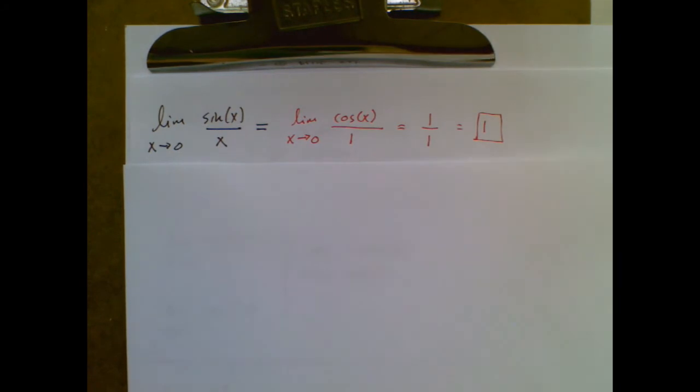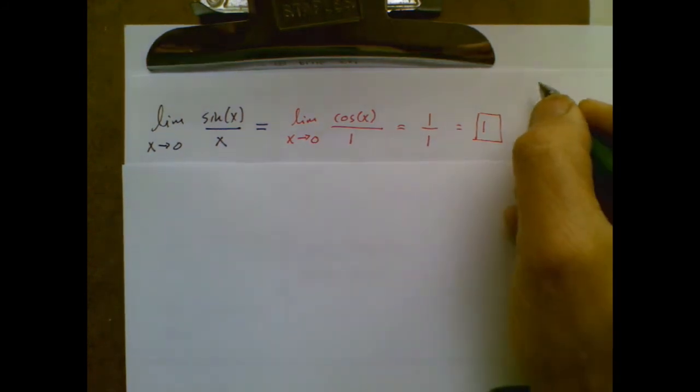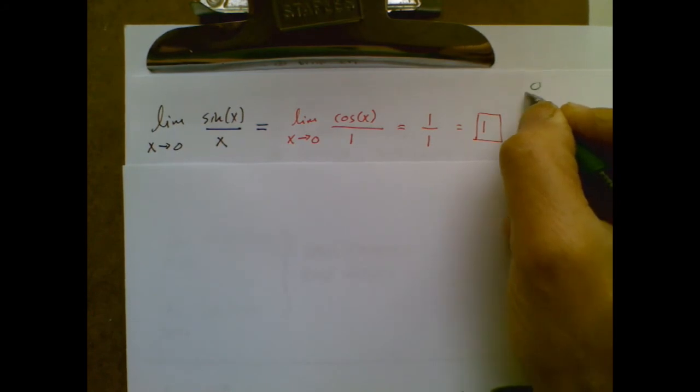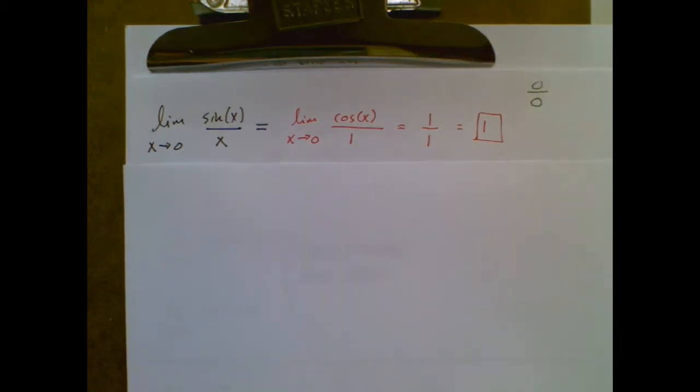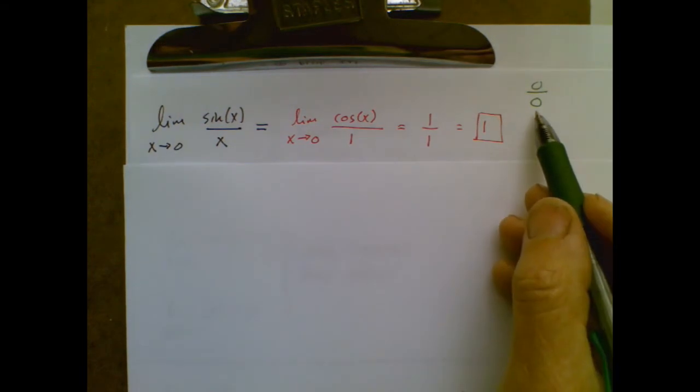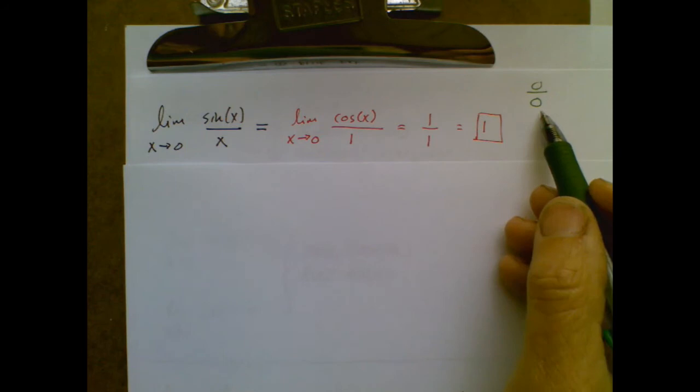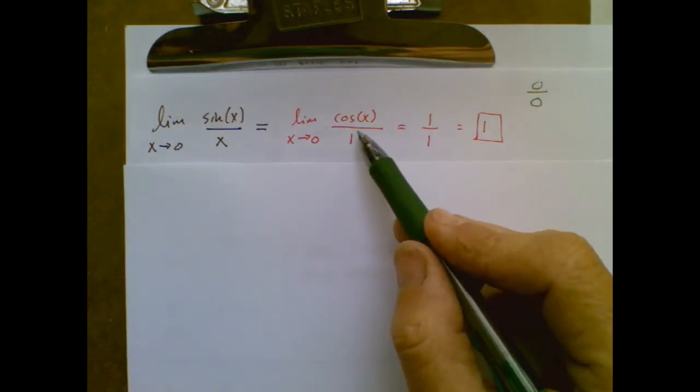Well, there's some fine print from the lawyers. First of all, Johnny L'Hopital's rule for the purposes of our course is only going to apply if after a plug-in we get a 0 over a 0, then we're allowed to use Johnny L'Hopital's rule.